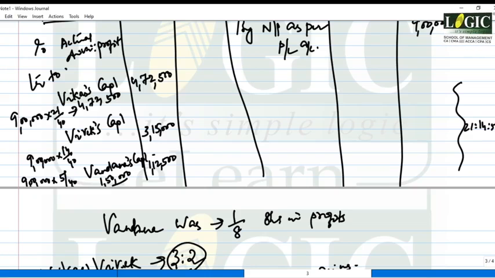This lady is offered 1,50,000, but her actual share is coming only 1,12,500. So she should be given 37,500 more to make it 1,50,000. She is actually eligible for 1,12,500, but she was offered 1,50,000.